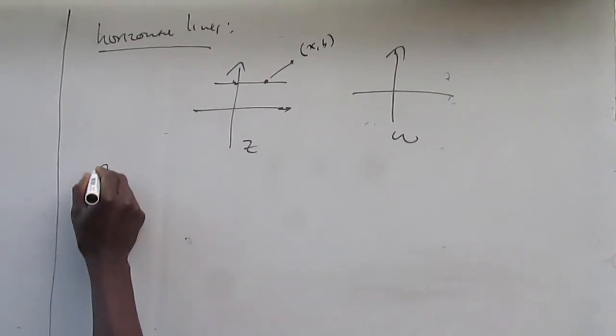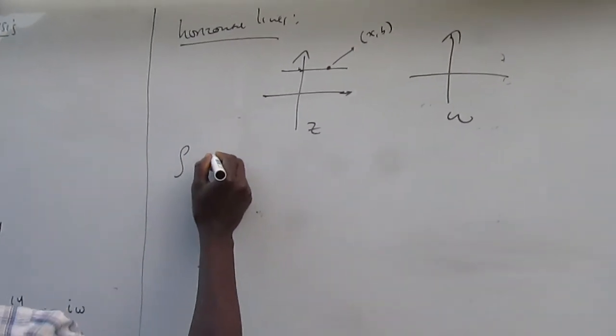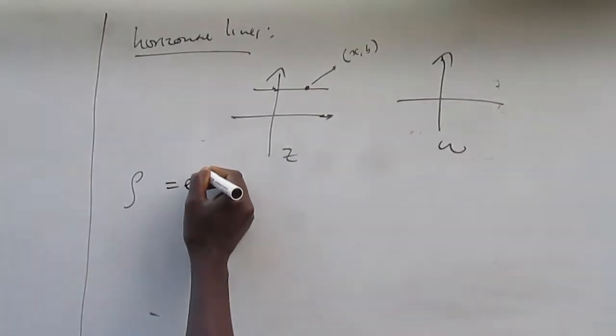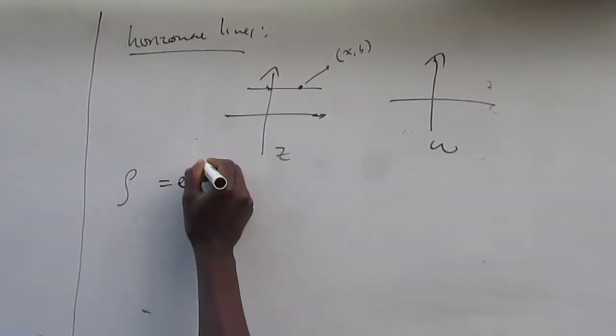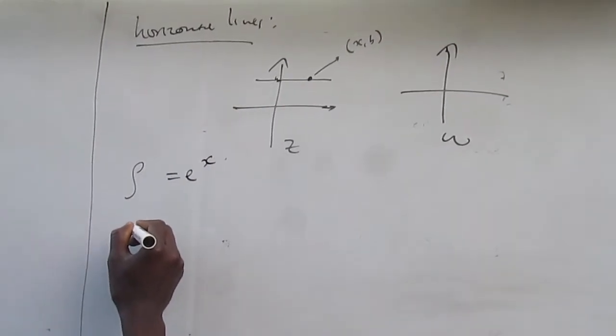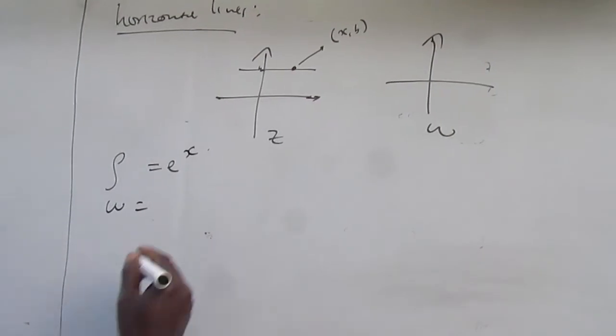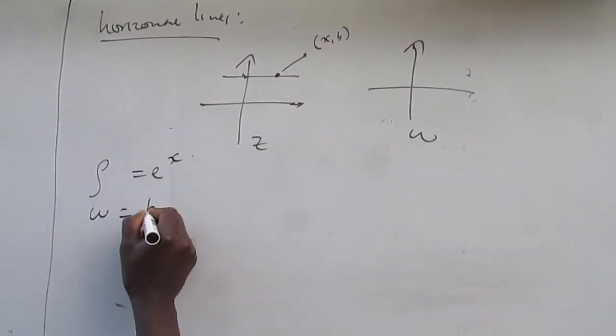And so in this case, our transformation functions become rho is equal to e to the power of x and omega is equal to b.